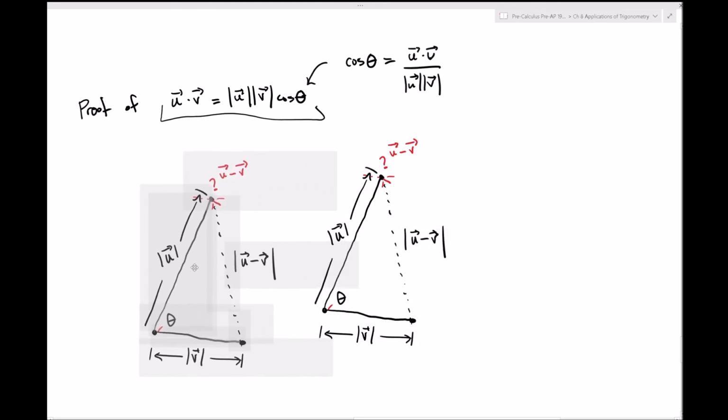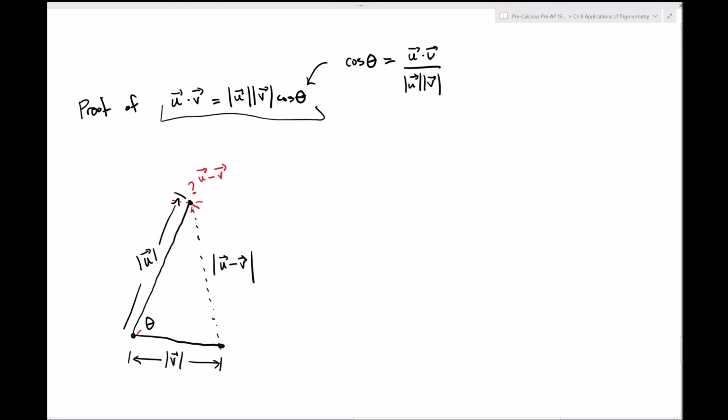If you don't really see where that's coming from, that's not too big of a deal. Just know that that's a triangle, and the opposite diagonal is the difference, the subtraction of U and V. One diagonal going from the point where they both coincide is the addition. The other opposite diagonal is the subtraction. That's all you've got to understand. So knowing all of this, this is just a triangle, and I can apply the law of cosines.